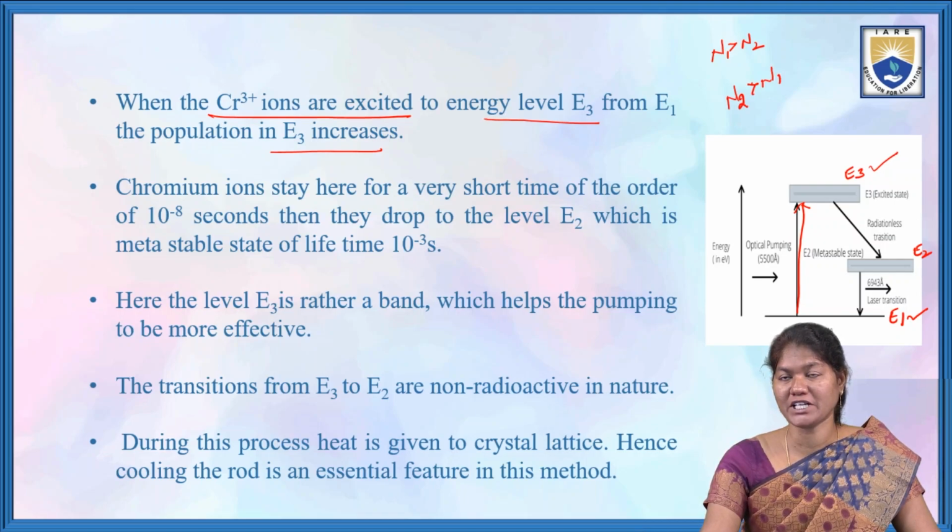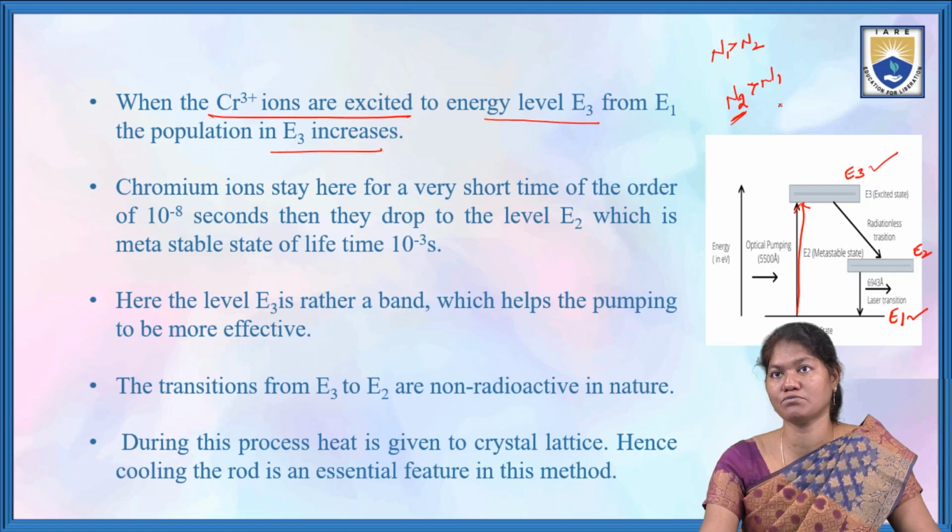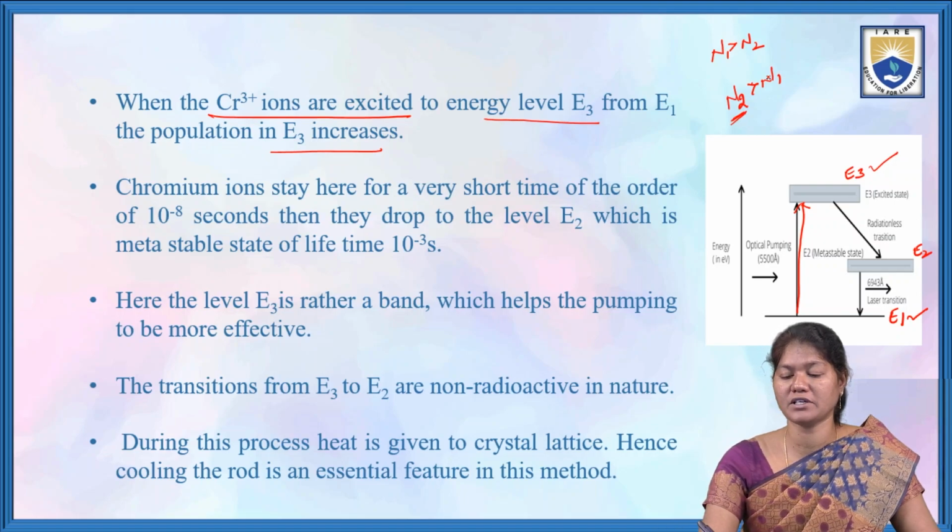When the number of atoms in the higher energy level is more than in the lower energy level, it is called population inversion.